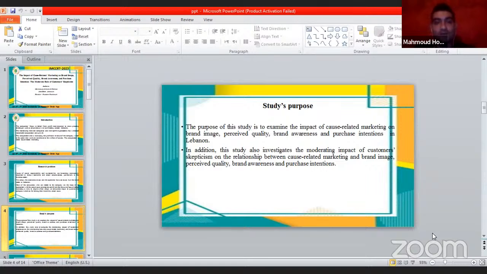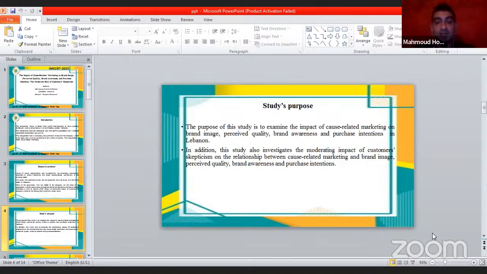A part of the profit or sales of some product of a company will go to a social or non-profit organization, including some dealing with health, education, women's protection, and so on. The study investigates its impact on these dimensions and marketing concepts, including image, quality, awareness, and purchase intention.